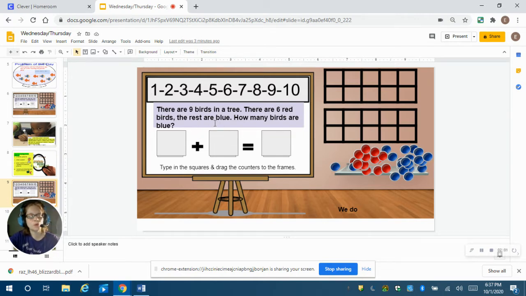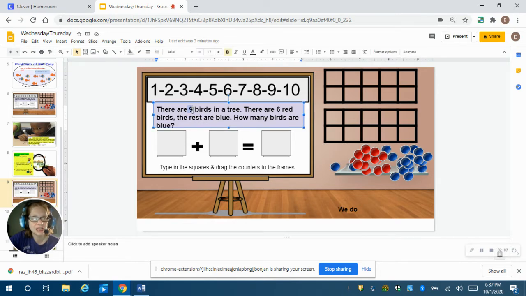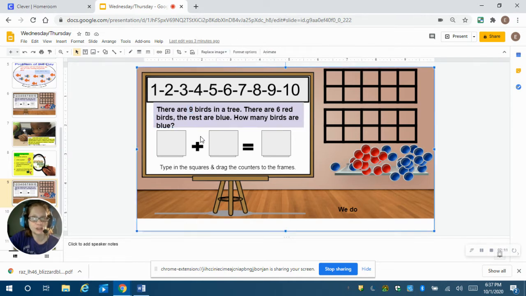So here, what information do I know? I know that there's a total of 9 birds. I know that there are 6 red birds and that the rest are blue. And that if I combine the 6 red that I know and the rest that are blue, I'm going to get 9.